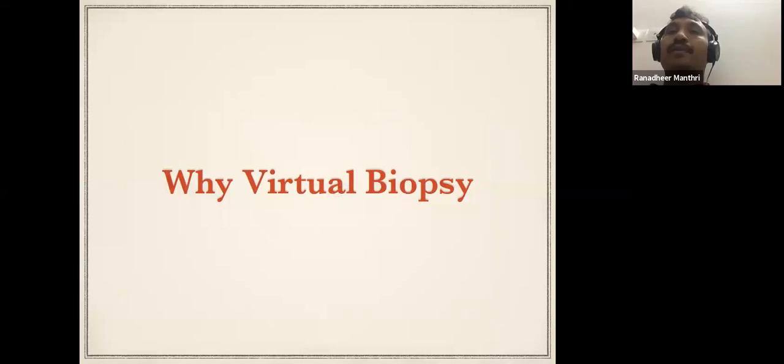Why virtual biopsy? If you have a patient with NSCLC, non-small cell lung cancer, even if it is EGFR positive, some patients respond and some patients do not respond. Even if you have a breast cancer and the tumor is ER PR positive, you start hormonal manipulation; some lesions respond, some lesions do not.